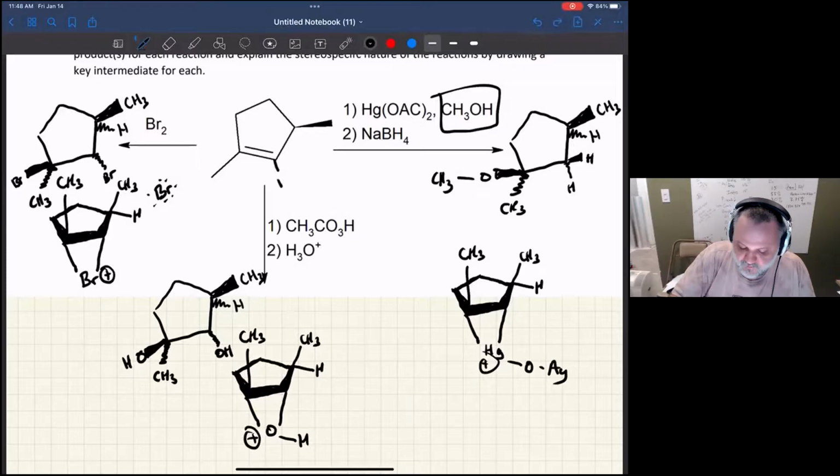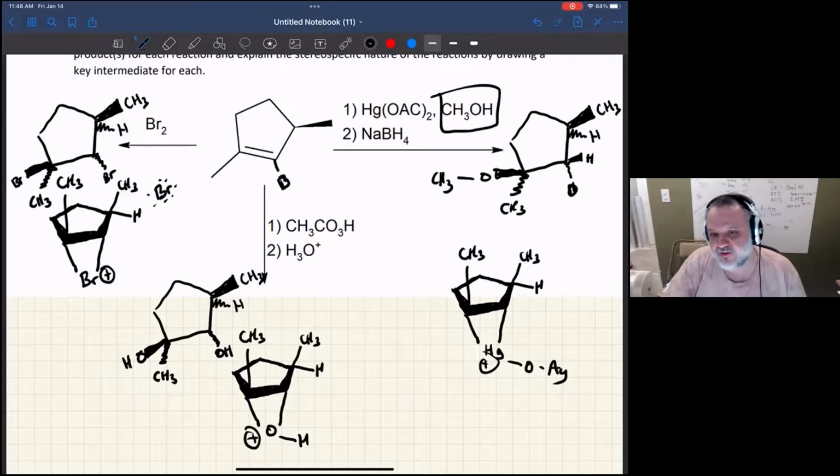And so we would end up with a situation where the CH3 and the OH and the deuterium point in the opposite directions. So it's harder to see with that one, but it's still anti-addition at the end of the day.